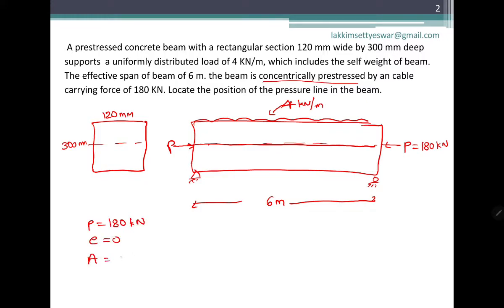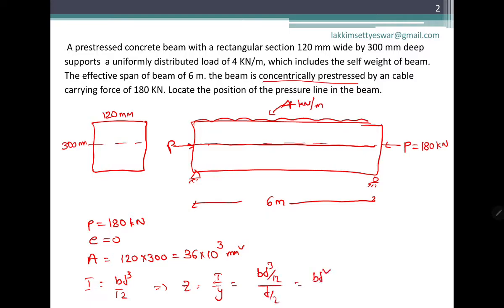A is the cross sectional area, 120 into 300, that is equal to 36 into 10 power 3 mm square. I is equal to BD cube by 12. Z is equal to I divided by Y, so BD cube divided by 12 by D by 2 is equal to BD square by 6.